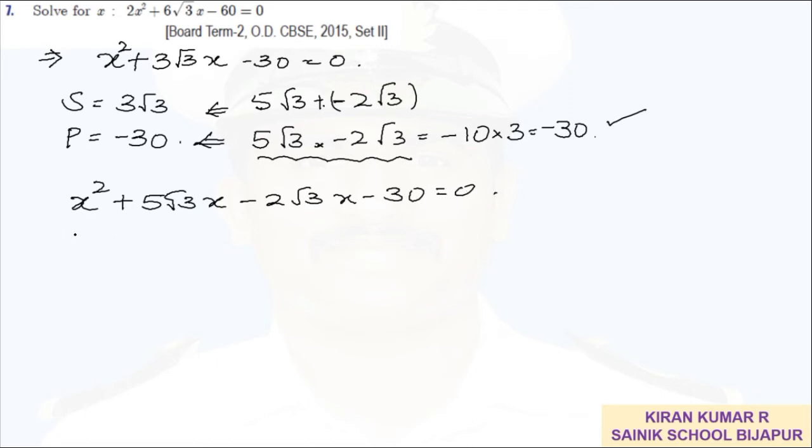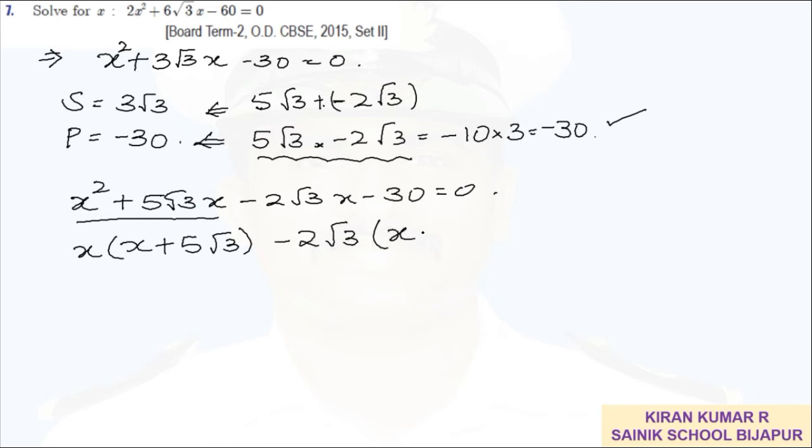In the first two terms, there is x common, so x plus 5 root 3, minus, I will take 2 root 3 common. If 2 root 3 is taken out, minus the product, I know it is 30, therefore 5 root 3 will remain. So plus 5 root 3 equal to 0.